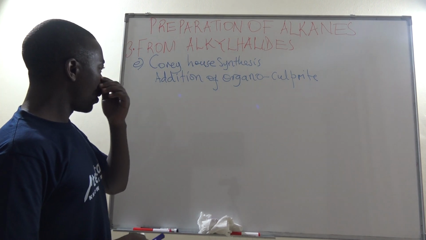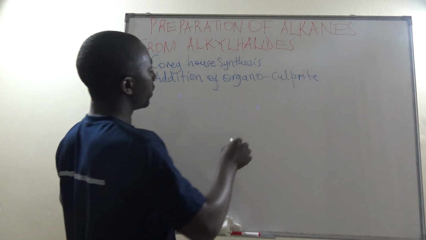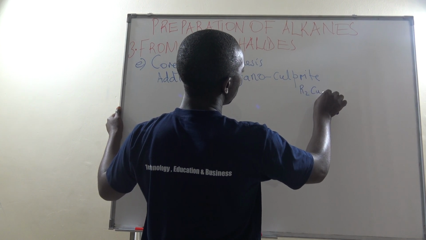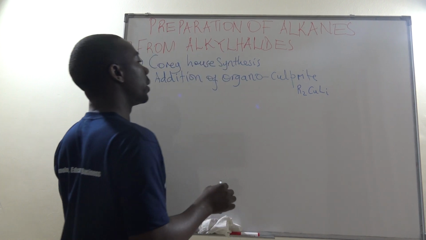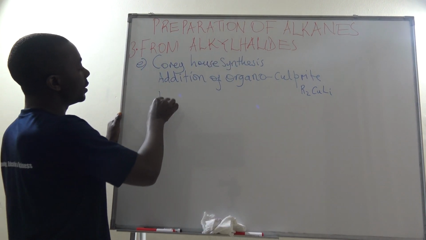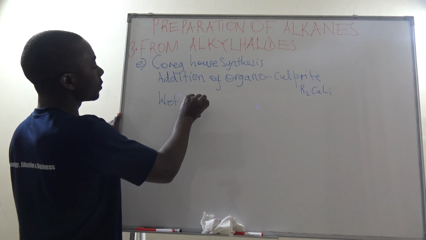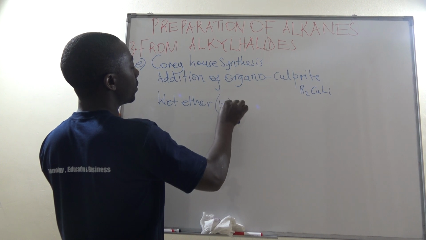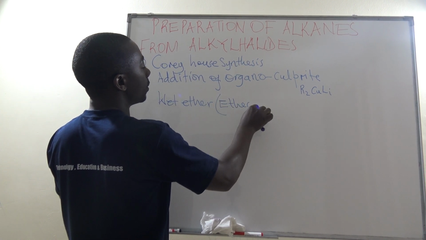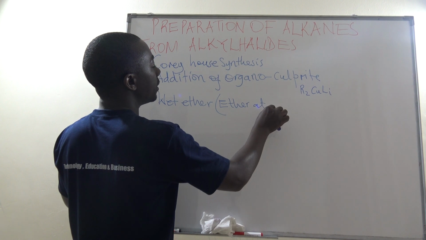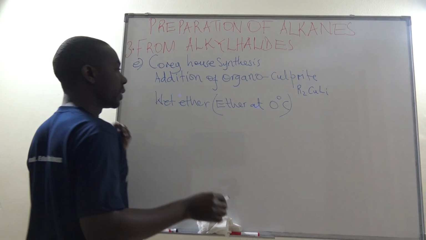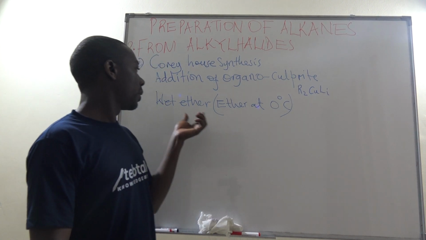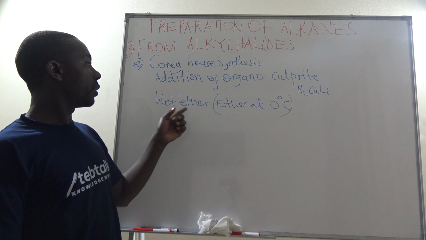So when you add organocuprate, which has the general formula R2CuLi, it is added in the presence of wet ether, or we can simply say ether, this time at 0 degrees Celsius. And we expect that at 0 degrees Celsius, it will contain some water molecules. That's why it is also possible to call it simply wet ether.